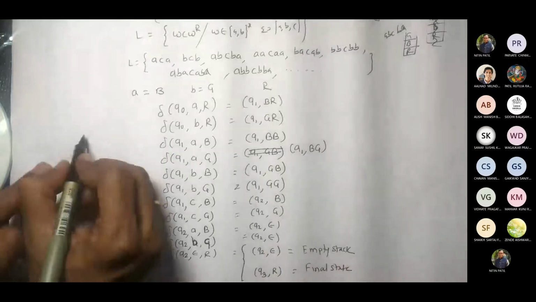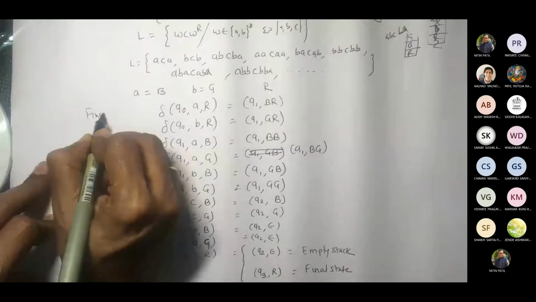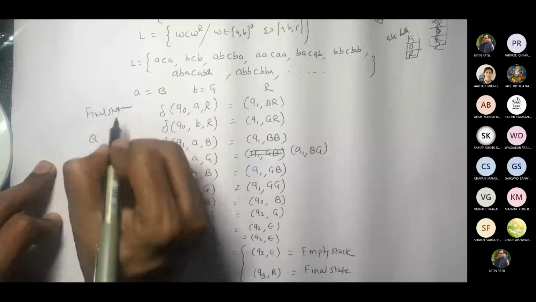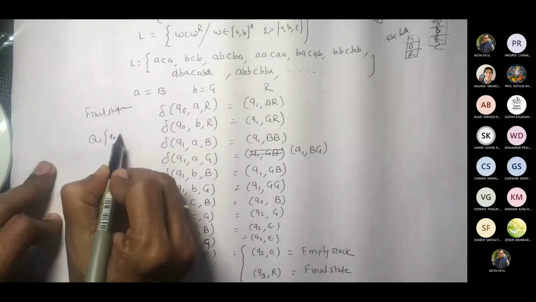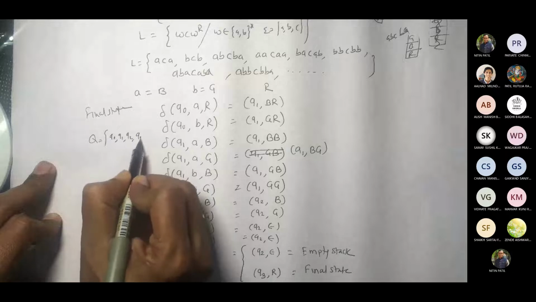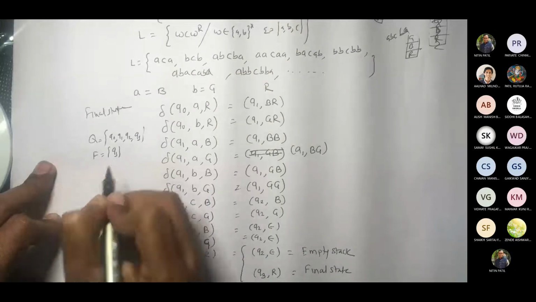Now what happens here? Q with final state. So I am writing this about the final state solution. Q would be Q0, Q1, Q2 and Q3. Correct. And F would be Q3.